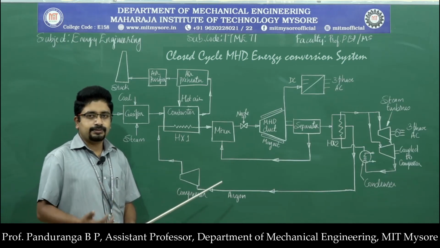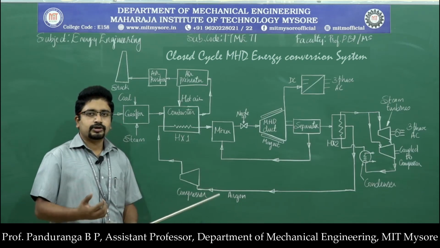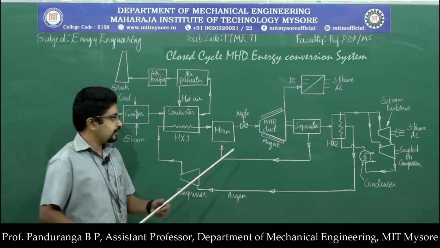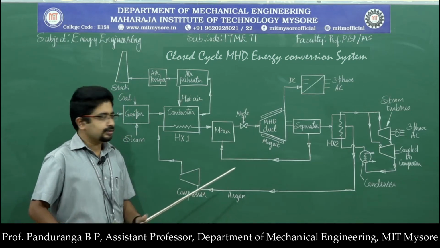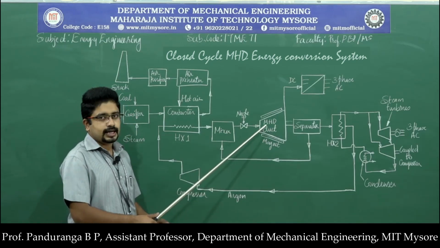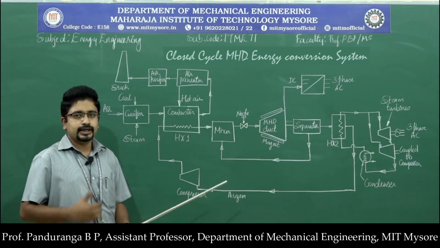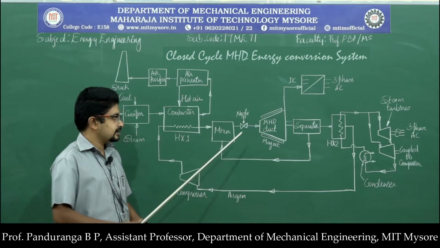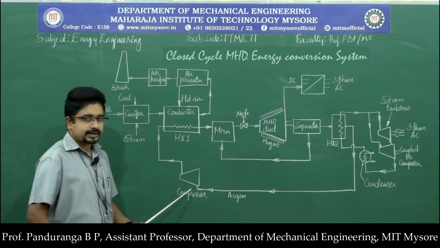If we supply a low pressure gas into heat exchanger 1, then the amount of energy absorbed by that will be very less, and we will not be able to get very high velocity gas molecules when the gas enters the MHD duct. So for that purpose we need to pressurize the argon gas before it enters the MHD duct. For that purpose we have a compressor here.